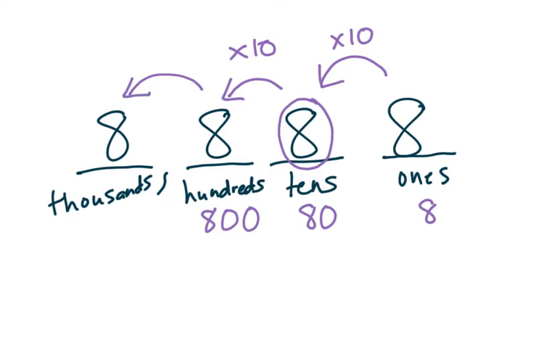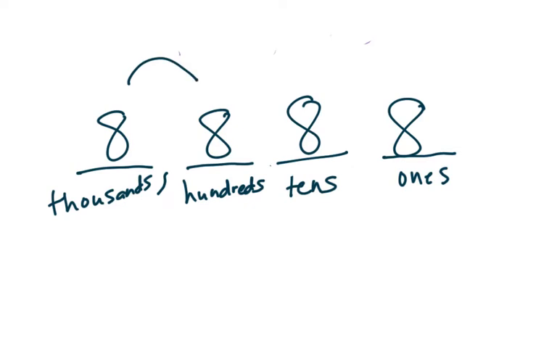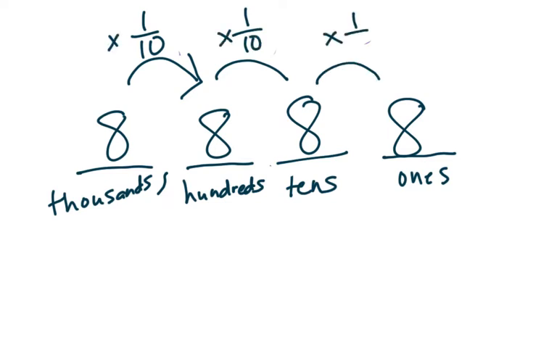The 8 in this next place is 10 times greater than the hundreds. It's worth 8,000. The same can be said in the reverse direction. If I move to the right, instead of being 10 times greater, it's 1/10. This is 1/10 the size, or divided by 10.